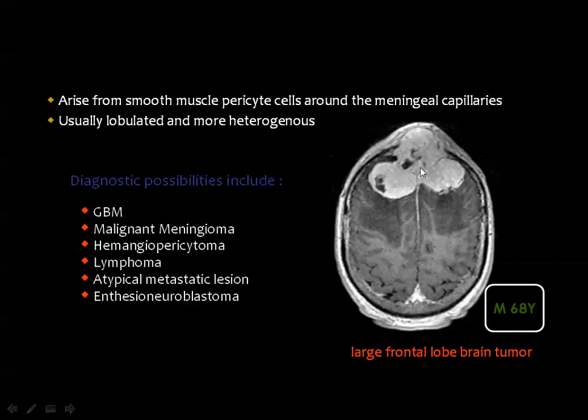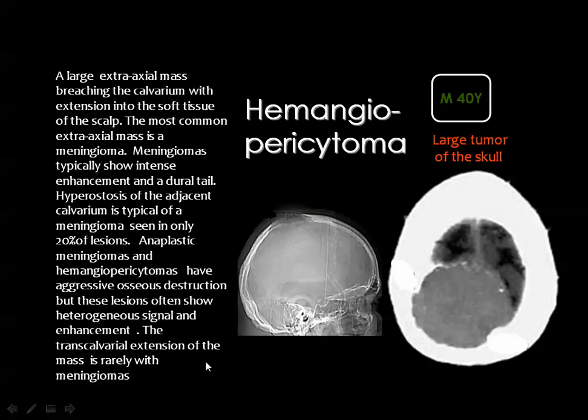Then one of the diagnostic possibilities is what we call malignant meningioma, but this term is no more in the classification. The differential includes the hemangiopericytoma, the glioblastoma multiforme, the lymphoma and the metastases, and this type of the neuroblastoma. But remember, whenever you see a tumor which is similar to a meningioma but large and erodes the calvarium in a male patient, elderly or middle-aged, then think of this hemangiopericytoma.